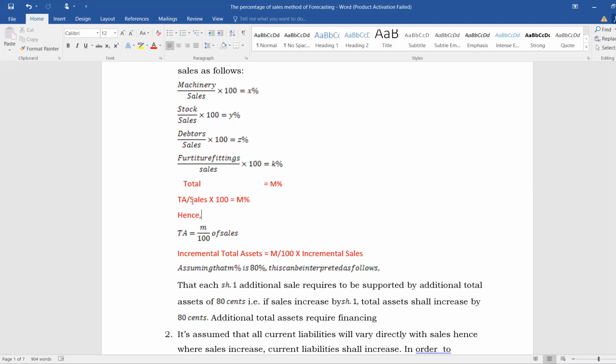If total assets over sales times 100 is equal to M%, it implies that total assets is M% times sales.